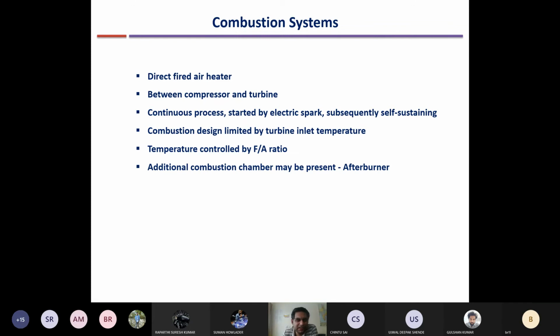Previously it was 500 to 600 degrees centigrade. Every year it is increasing slightly because of advancements in material design and manufacturing technique. There are a lot of improved manufacturing techniques which lead to higher strength of the material, and a lot of improved materials. Each company has their own material.